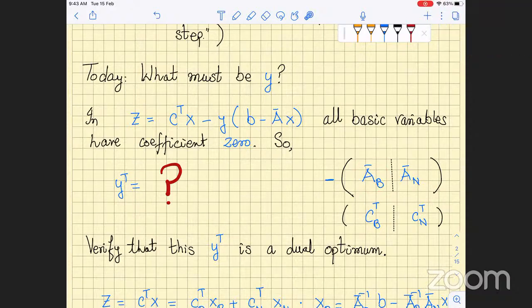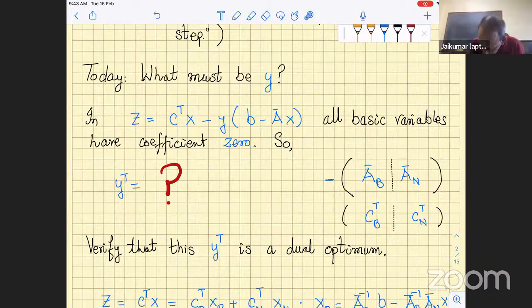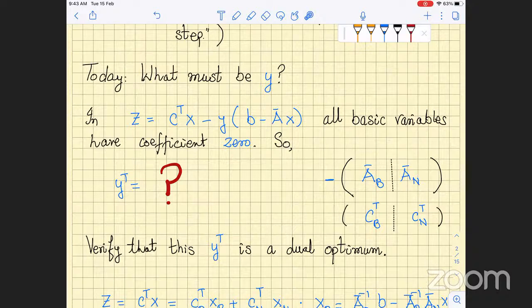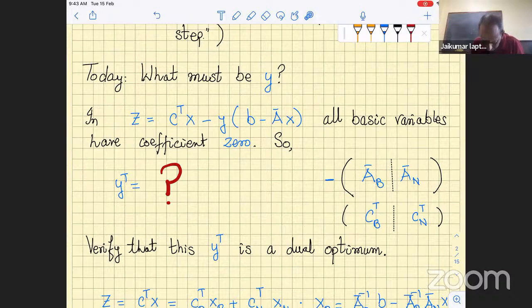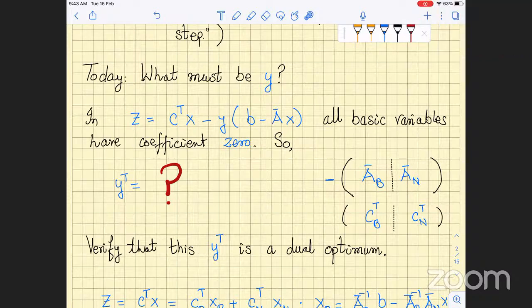No, when I add, it should cancel, so don't say minus. I'm asking for the value of y transpose, just y transpose.